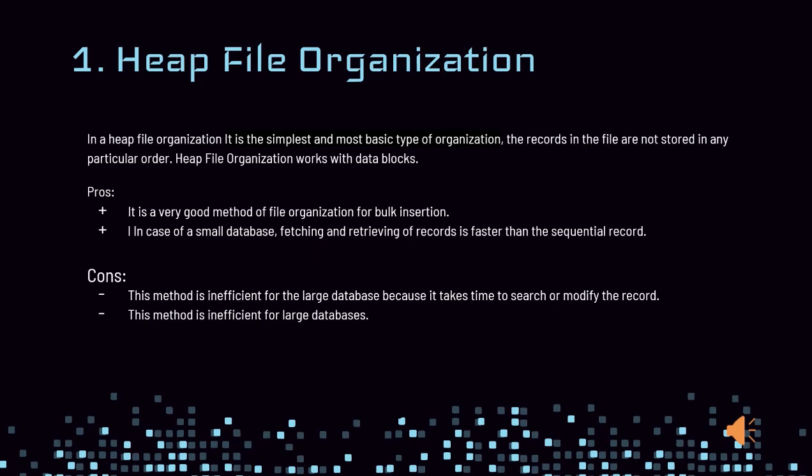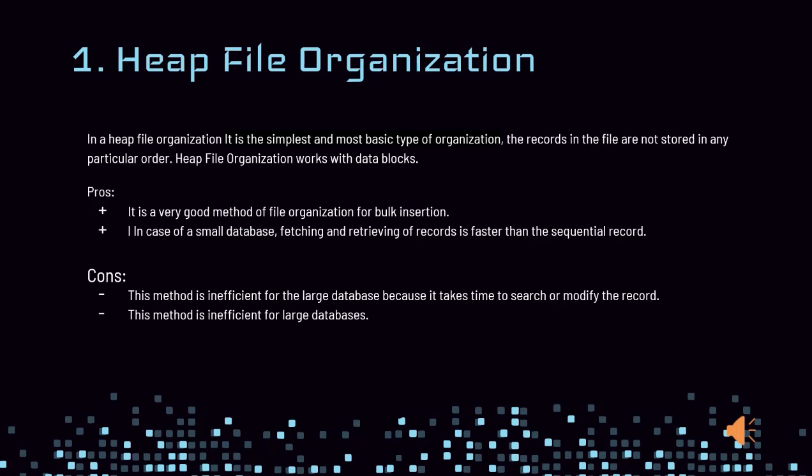The first one is heap file organization. It is the simplest and most basic type of organization. The records in the file are not stored in any particular order. Heap file organization works with data blocks. In this method, records are inserted at the end of the file into the data block.